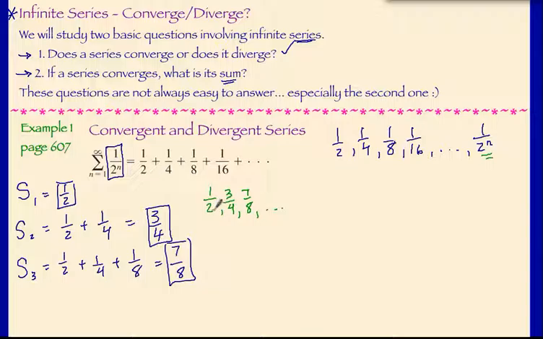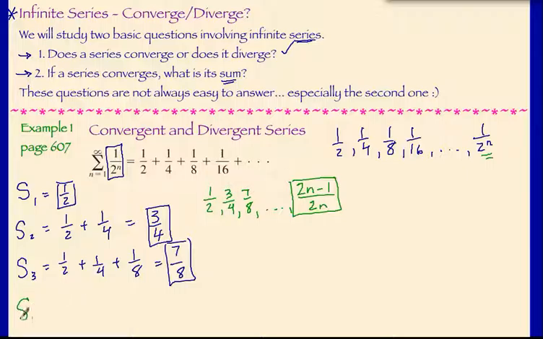Well, notice that the denominators are even numbers. We learned, of course, that that can be easily represented by just 2n. The numerators are one less, in each case, one less than the denominator. So the even number minus 1 gives us the numerator. So this is the general term of the sequence of partial sums.